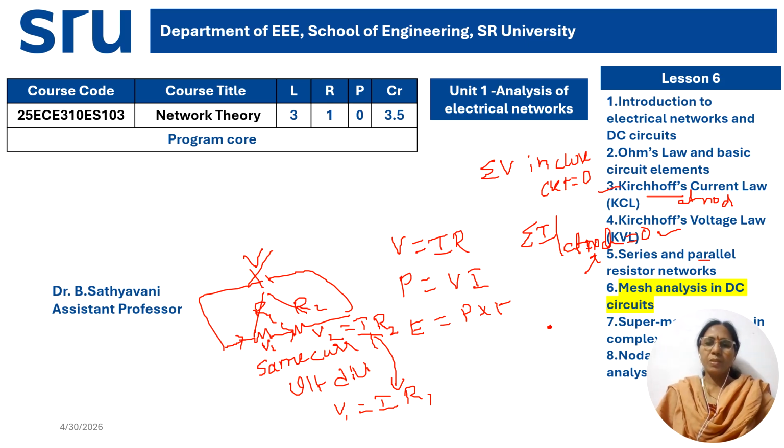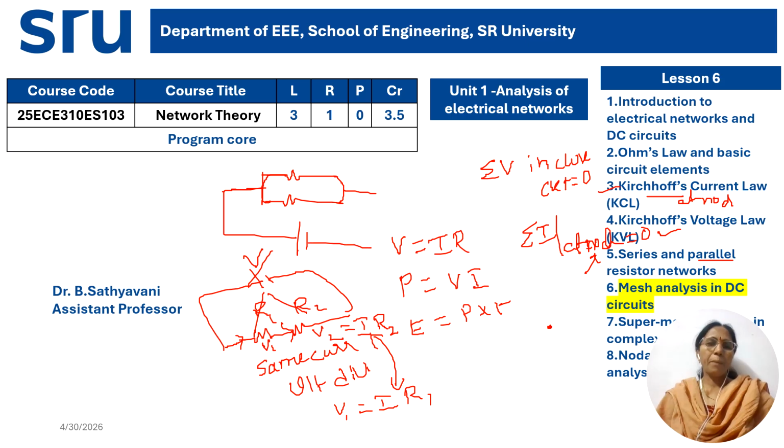The next type of connection is parallel. When two elements are connected in parallel, the first ends of these elements are connected together and the second ends are connected together. This type of connection is said to be a parallel connection.